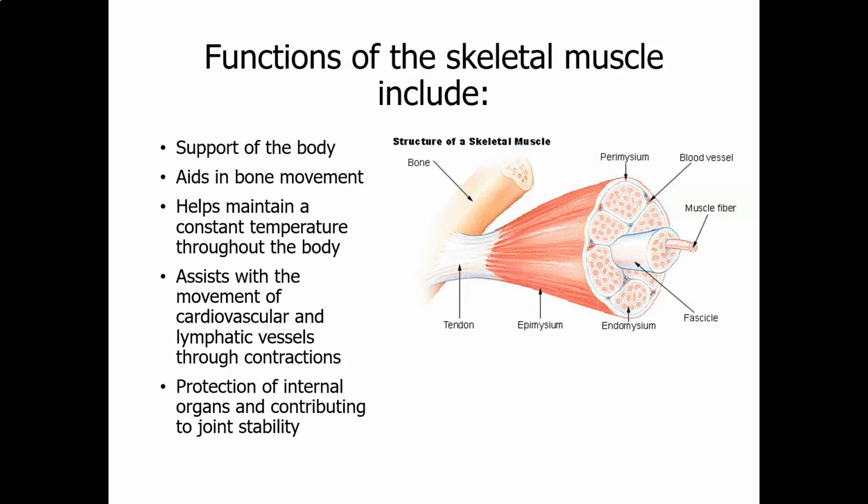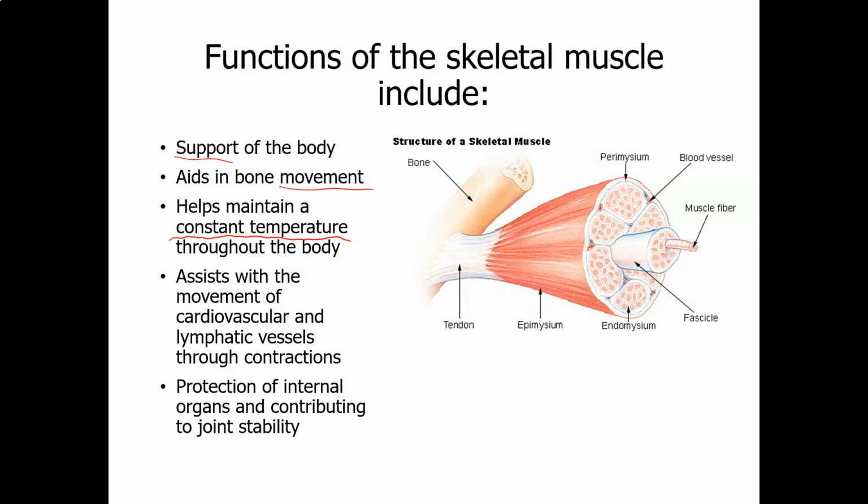The functions of skeletal muscle, just skeletal muscle in general, are to support the body, movement, of course, and help maintain a constant temperature. When your muscles cause you to shiver, you do that when you're cold, and it helps heat your body up.